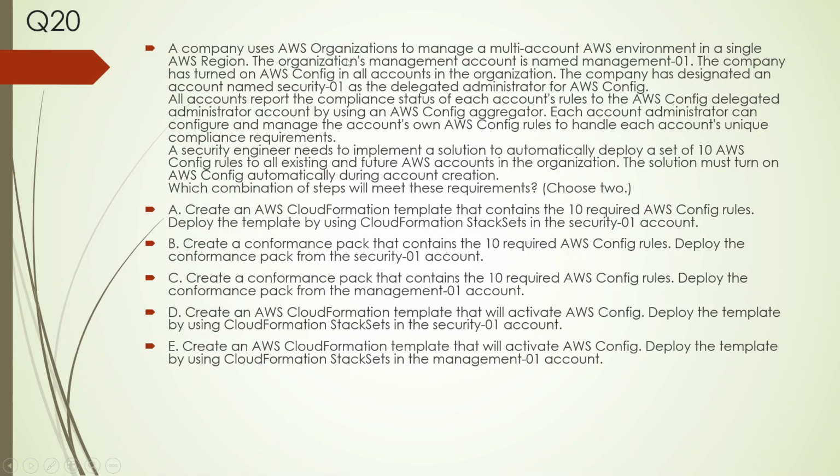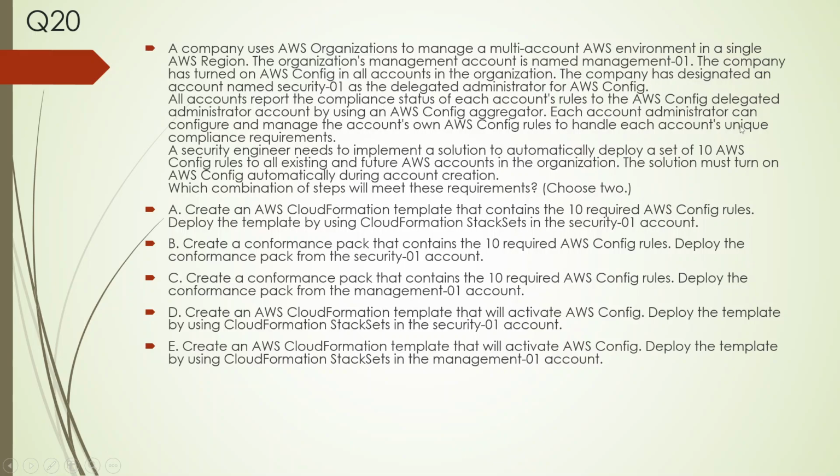A company uses AWS Organizations to manage its multiple-account AWS environment in a single AWS region. The organization management account is named Management 01. The company has turned on AWS Config in all accounts in the organization. The company has designated an account named Security 01 as a delegated administrator for AWS Config. All accounts report the compliance status for each account's rules to the AWS delegated administrator account by using an AWS Config aggregator.